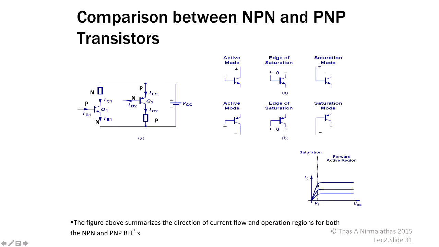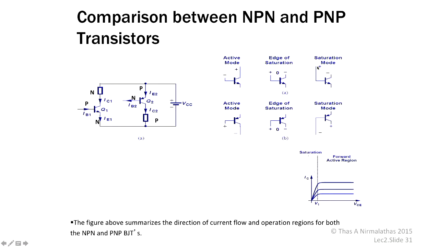So that is the edge of saturation. In the saturation region for PNP, your collector is more negative than your base. Base is positive, so the collector is more negative. For NPN, your collector is more positive than your base.